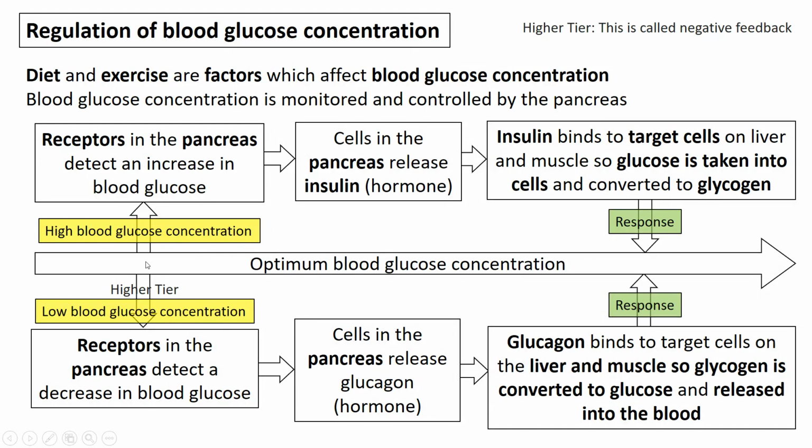Low blood glucose concentration: receptors in the pancreas, cells coordinate information and release glucagon. Glucagon binds to the target cells on liver and muscle, so glycogen is converted to glucose and released back into the blood. This raises the blood glucose levels back to the optimum. In actual fact, what your body does is when you eat things, it goes through this and then it goes straight through the other way because it goes beyond the norm. So it's constantly releasing insulin and glucagon in order to maintain optimum blood glucose.